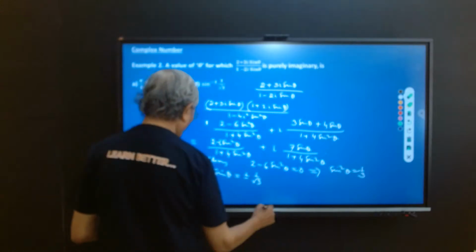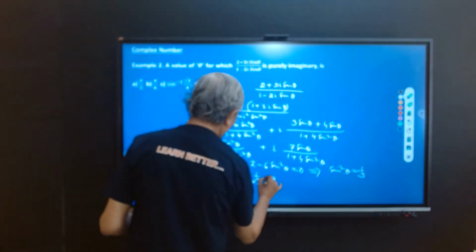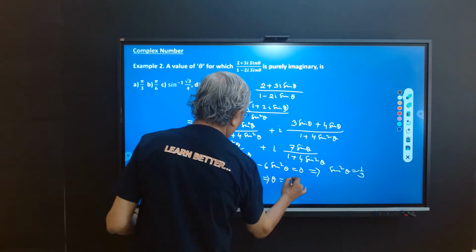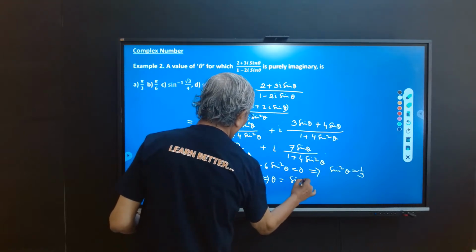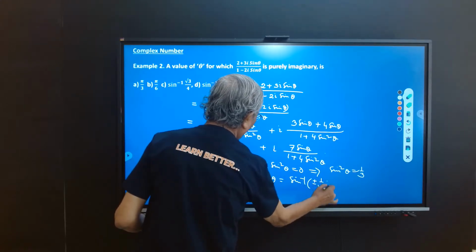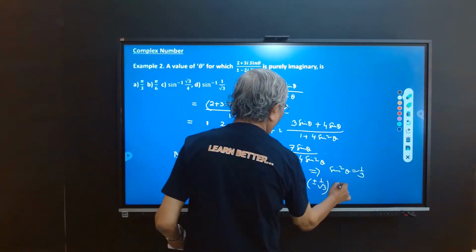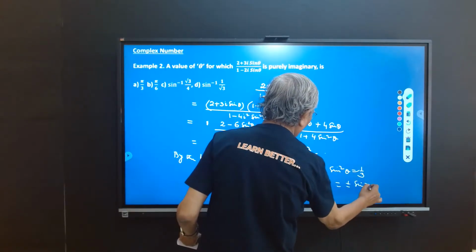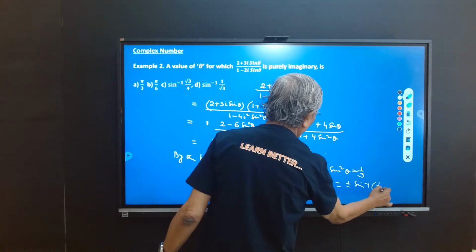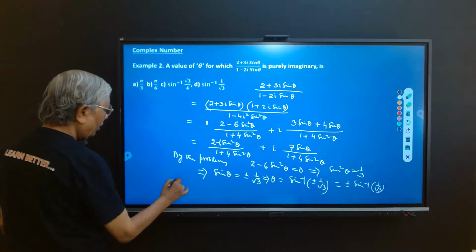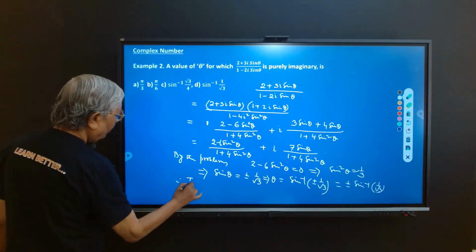So theta equals sin inverse of plus or minus 1 by root 3. So this is our plus or minus sin inverse 1 by root 3. So the correct option is D.